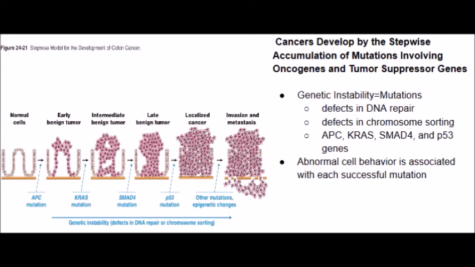In step 3, the intermediate benign tumor undergoes an SMAD4 mutation and progresses to a late benign tumor. In step 4, the late benign tumor undergoes a P53 mutation and progresses to localized cancer. In step 5, localized cancer can undergo other mutations and epigenetic changes and allow the cancer to invade or metastasize.